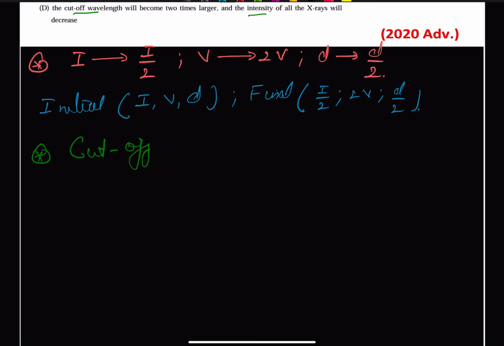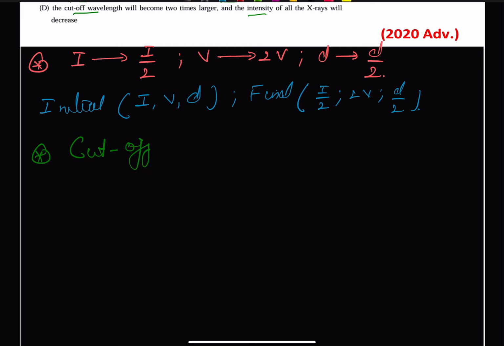Now we are going to double this voltage. If V is doubled, let us call the new wavelength lambda minimum prime, which will be equal to hc over E twice V, or in terms of lambda minimum we can write this as lambda minimum divided by 2.